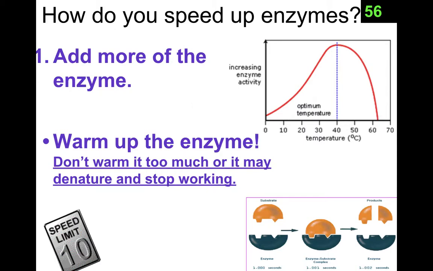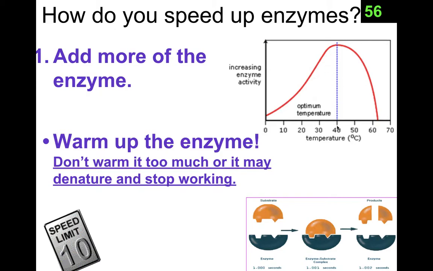So if you want to speed up chemical reactions even more, what can you do? Well, of course, you can add more of the enzyme that you want. If you have more enzymes, that means you can do more chemical work. Or you can heat up the enzyme as well. You can warm it up. So this graph over here shows you enzyme activity.